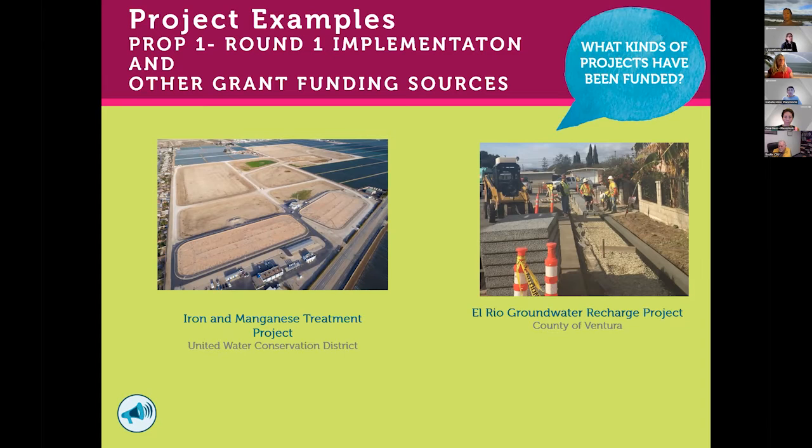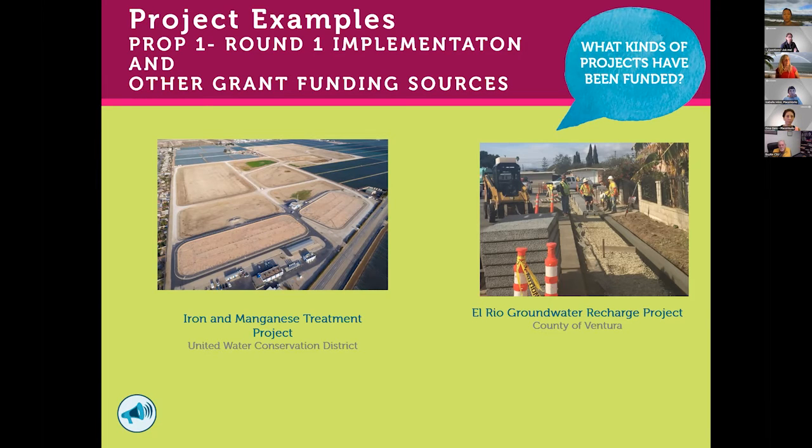These examples come from both our area, Ventura County, but also a few in LA County. The funding for these projects has come from different sources, and you'll learn later this morning what some of the opportunities are right now for additional funding.